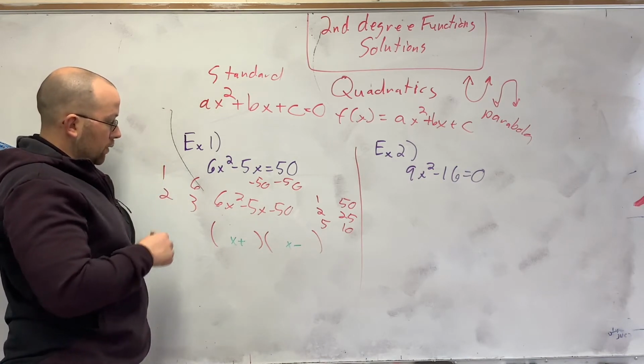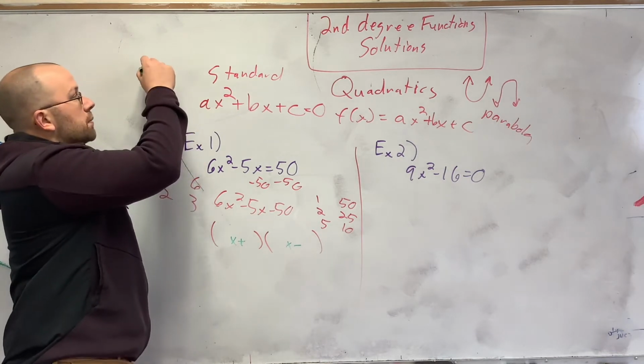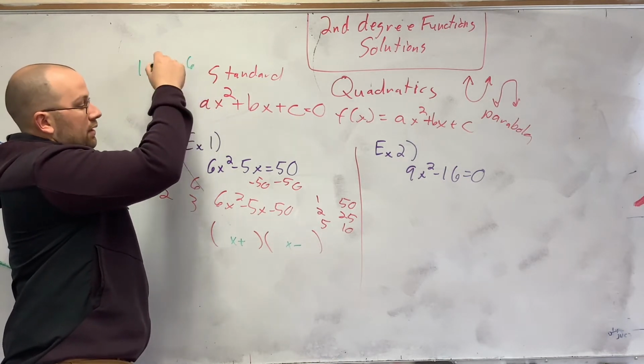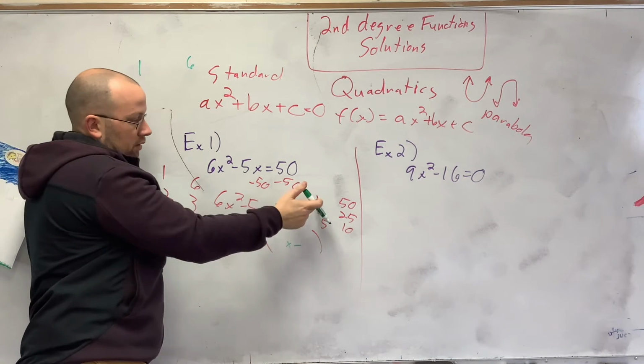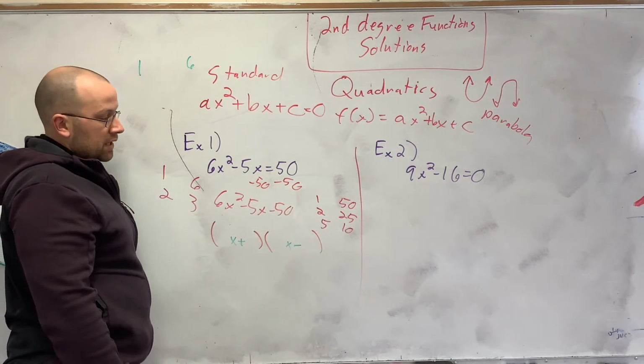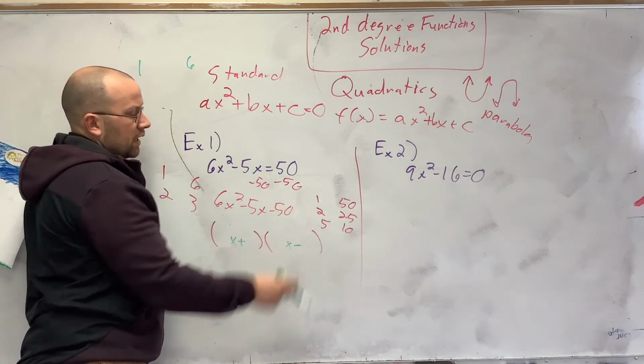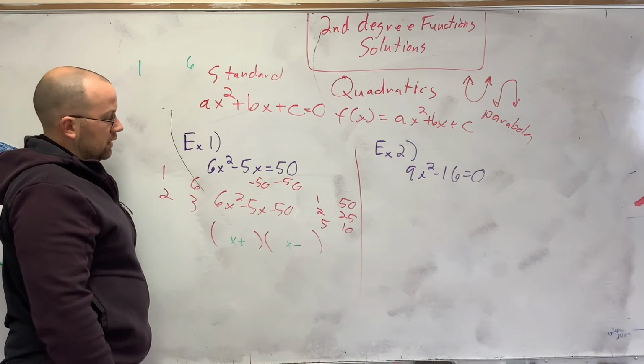Let's see, so 1 and 6. I know it's not going to be 1 and 50, because that just doesn't make any number sense. It's not going to be 2 and 25, because that doesn't make number sense either.